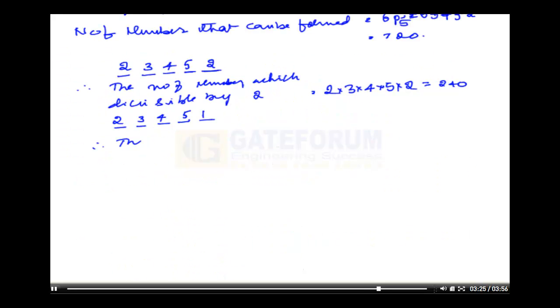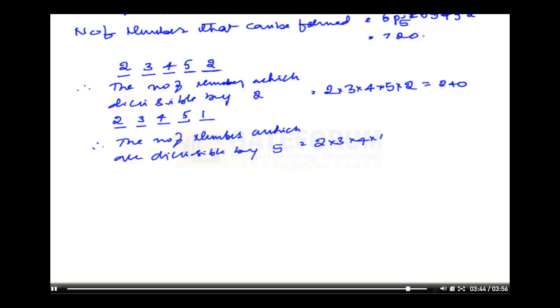Therefore, the number of numbers which are divisible by 5 is equivalent to 2 into 3 into 4 into 5 into 1, that is nothing but 5 factorial, that is 120. Hence, your answer is A.